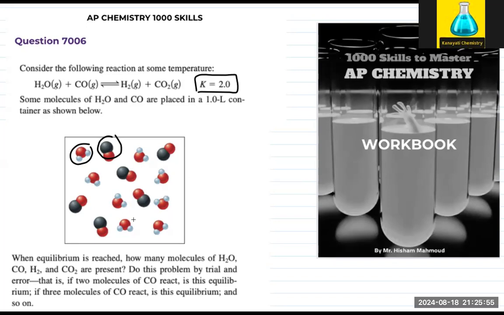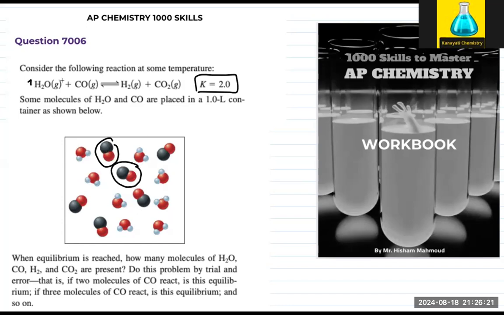Try to find out, when equilibrium happens, how many molecules of each one are available. Start by trial and error, like 2. So let's have a look. K, the concentration of products over reactants, is equal to 2. Let's imagine that, for example, 2 molecules of CO have reacted.